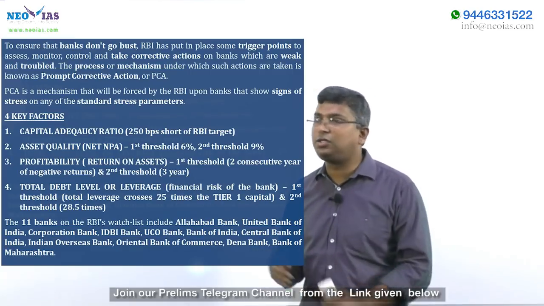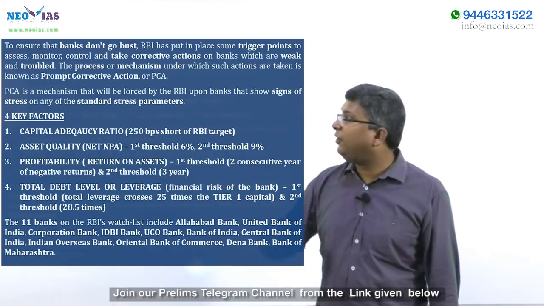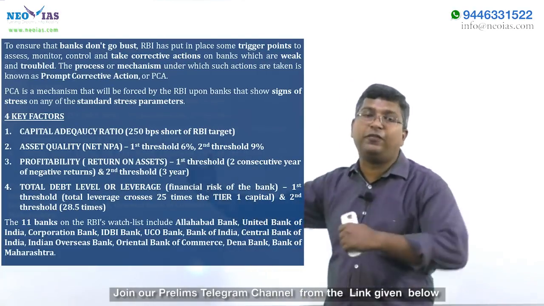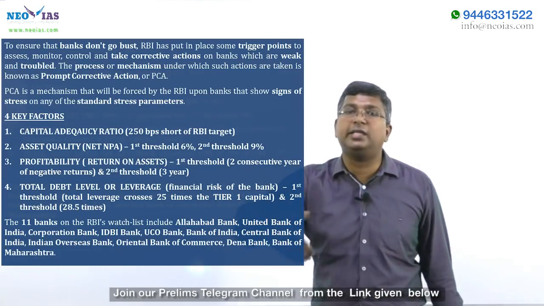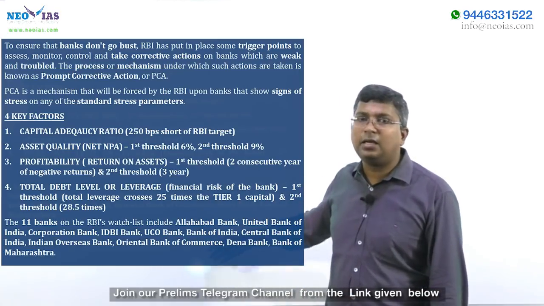So many types of restrictions will be imposed by the RBI on that particular bank if it comes under the PCA list, and each bank will have different corrective action depending on which factor and which threshold they are standing at now.